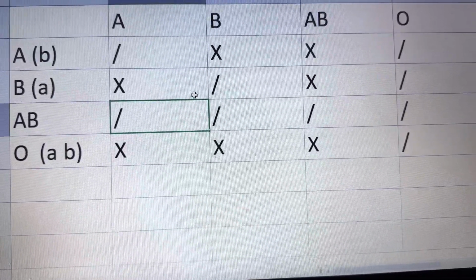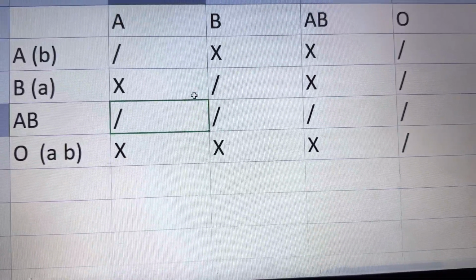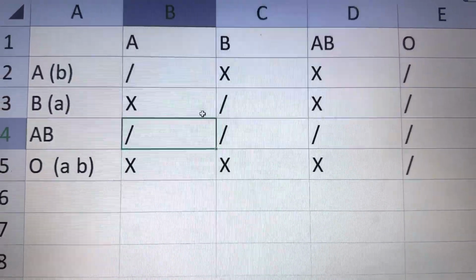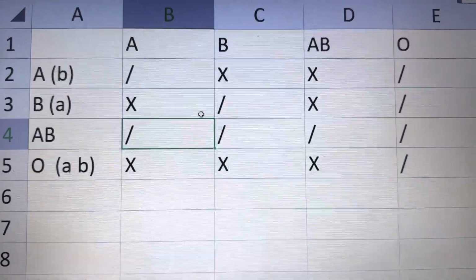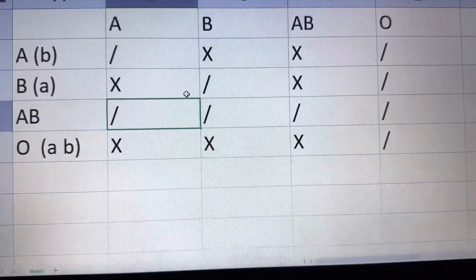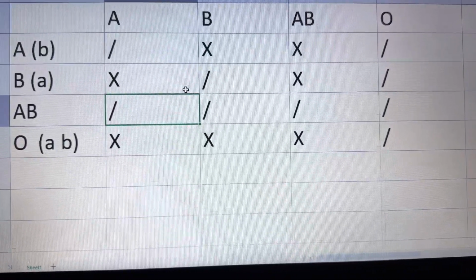So here we find that the recipient with blood group AB can receive blood from any blood group.